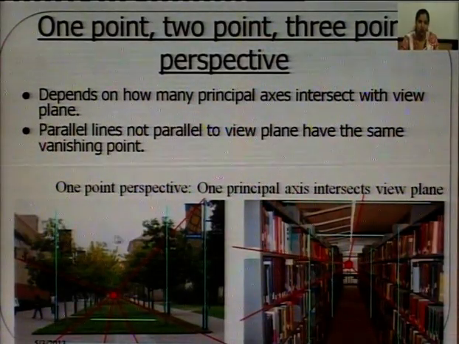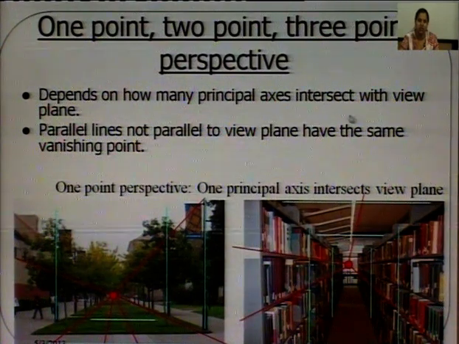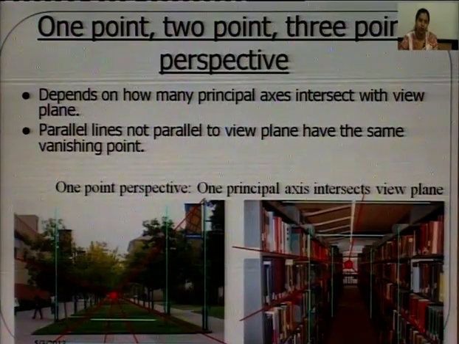Here you see the one point perspective, where you can see only one side. It depends on how many principal axes intersect the view plane, and the parallel lines not parallel to the view plane have the same vanishing point.